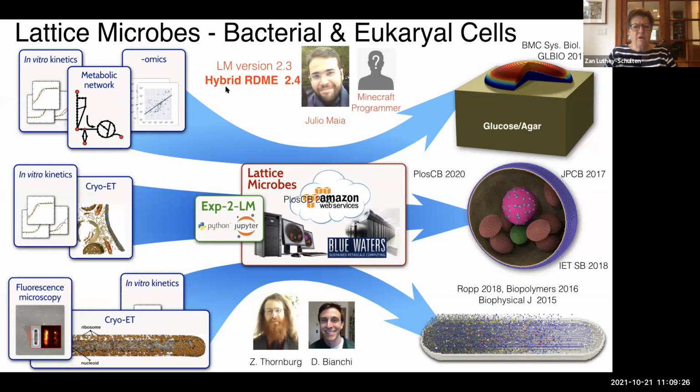But what's important in connecting to the Lattice Microbes is all this integration of experimental information. We call that experiment to LM. It is done either in PyLM or JLM, which is the newest one that goes with this 2.4 version of it. So we take omics data, we take the metabolic network, the reactions, we take the kinetic data.